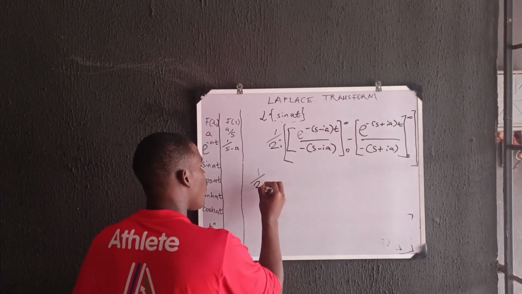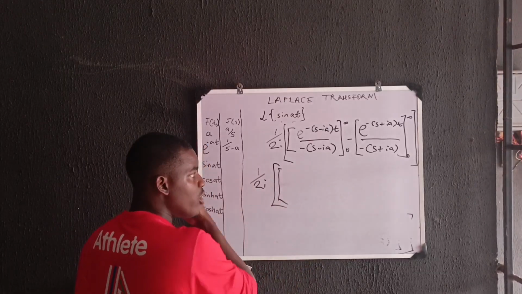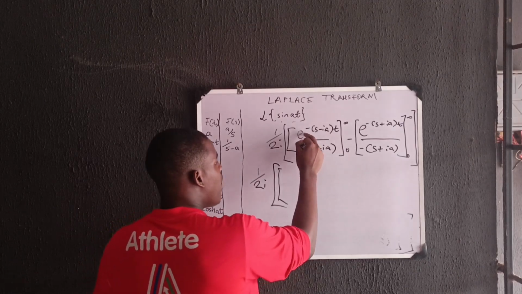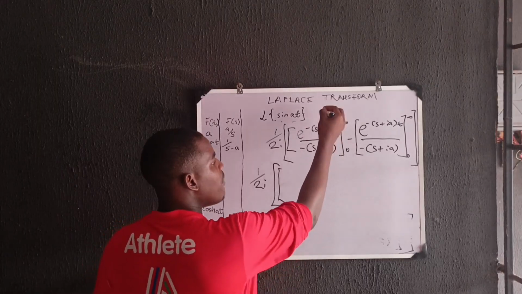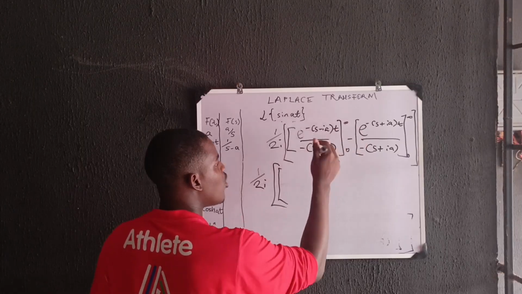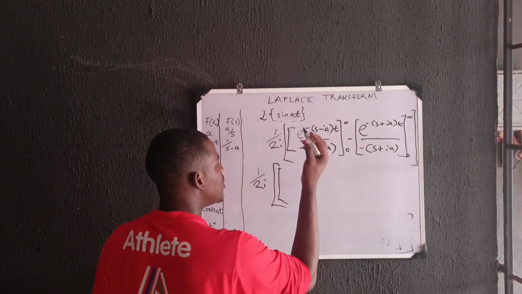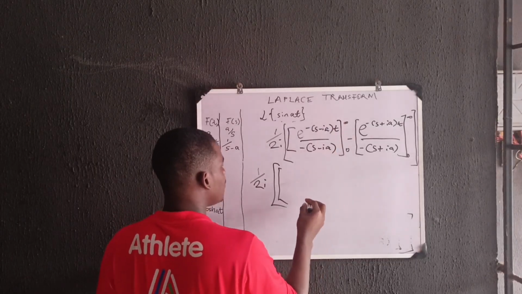So here we have 1 over 2i all into brackets. This first bracket is basically e to the power of negative infinity, which is 0.